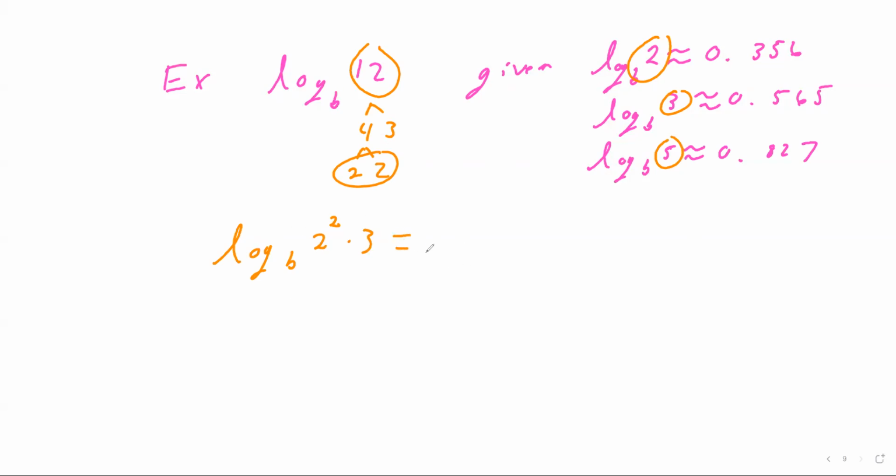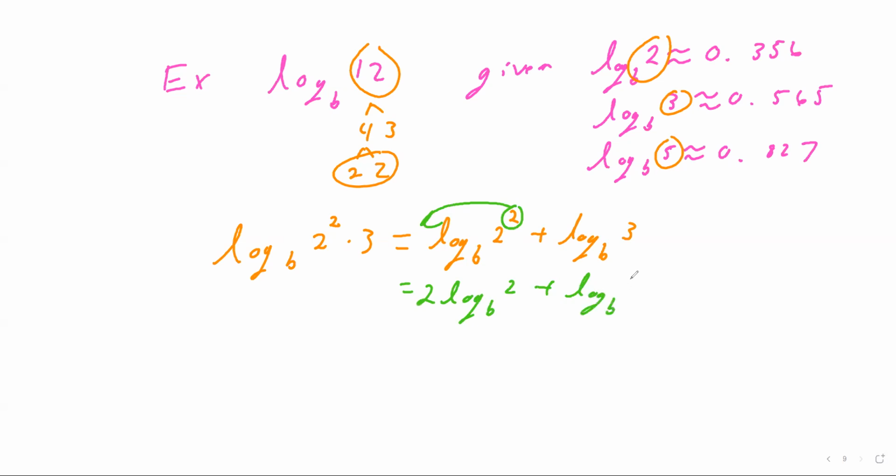Now I write this as log base b of 2 squared plus log base b of 3. And we know that exponents become coefficients. So this becomes 2 log base b of 2 plus log base b of 3.